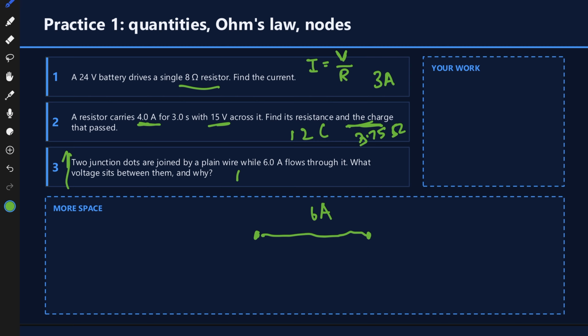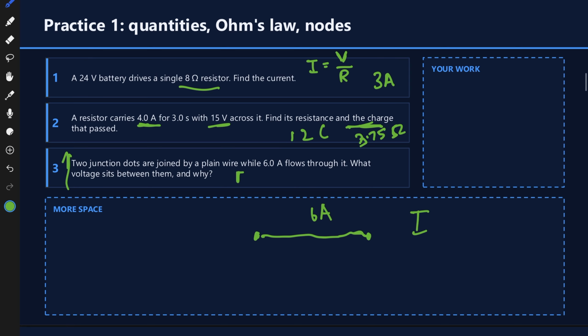And what voltage sits between them? So, this is just pure wire. Is there any resistance here? There's no resistance, right? We're not given any resistance. So if you use our equation, I is equal to V over R, then V is equal to I times R, which is Ohm's law, right?